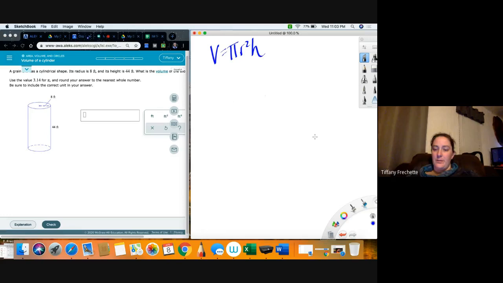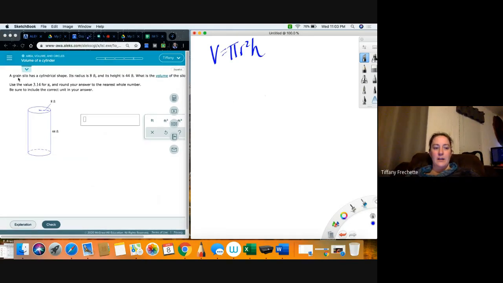All right, so I'm going to use this marker so that it's a little thicker than the pencil there. So when we're looking at this one, it tells us that we have a grain silo that has a cylindrical shape. Its radius is 8 feet, and the height is 44 feet. So h is 44 feet.